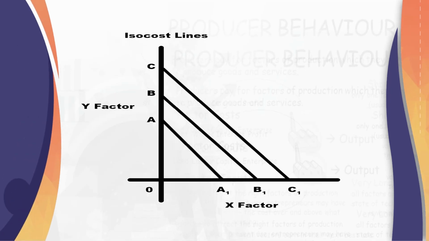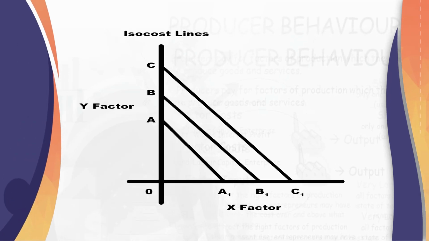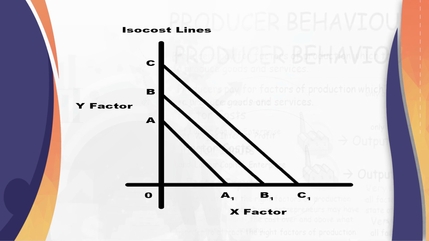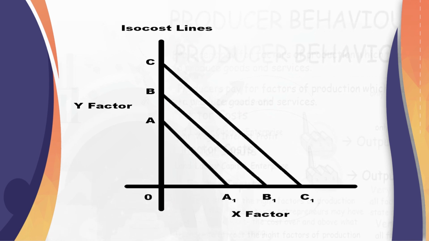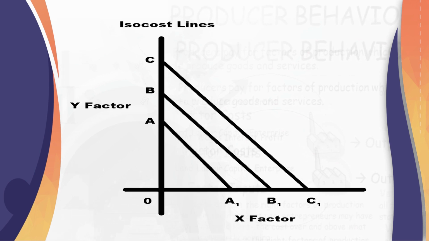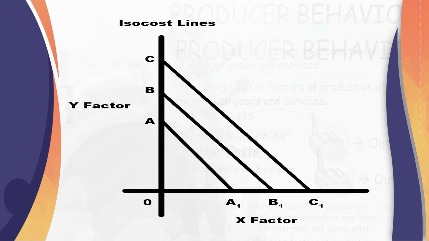If we look at the diagram of the isocost line as per our discussion, then it is a straight line and it can shift parallelly outwards, meaning you can afford more of both, or the overall budget has expanded, and if you look at it with a parallel shift downwards or inwards towards the origin, it means that the budget has decreased.